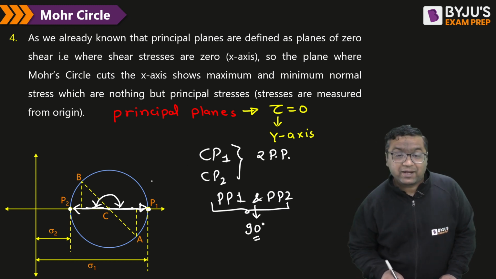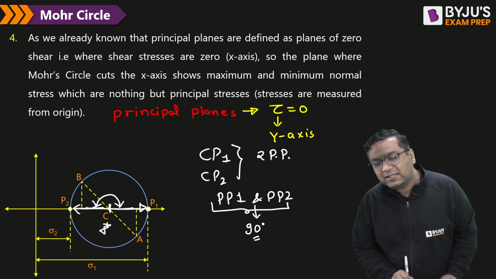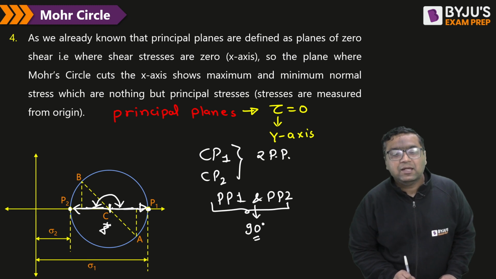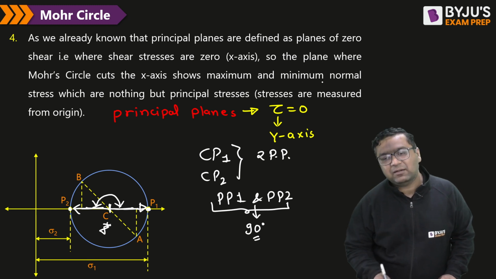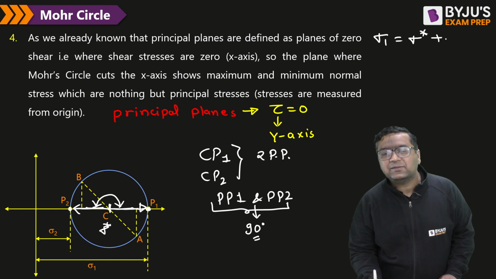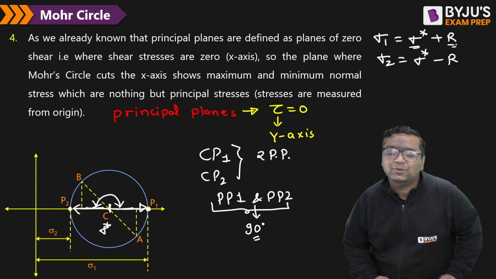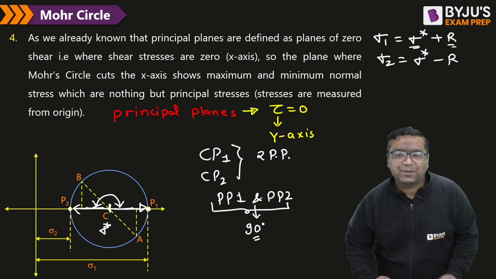You can also find out the values. You already know the center coordinate was sigma star. If I add radius to sigma star, I will get sigma 1. If I subtract radius, I will get sigma 2. So you can write sigma 1 as sigma star plus radius, and sigma 2 as sigma star minus radius. You know the value of sigma star, you know the value of radius, so you get the principal stresses.